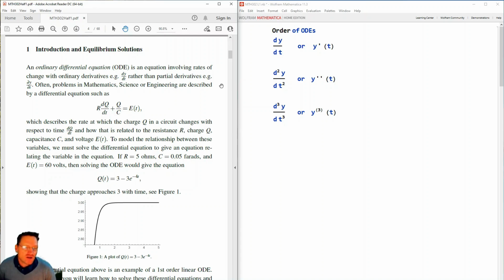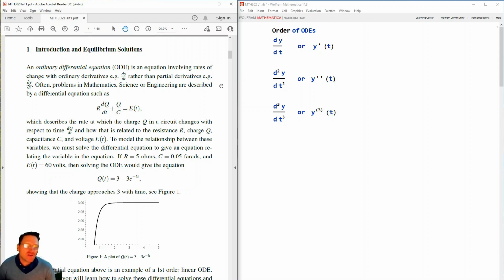and other situations, anything that involves a rate of change can often be described with a differential equation. Now, in this example on the left, that's a differential equation that relates to a particular electrical circuit where we have a resistance, which is usually a constant. We have a charge, and we want to know how the charge varies over time.